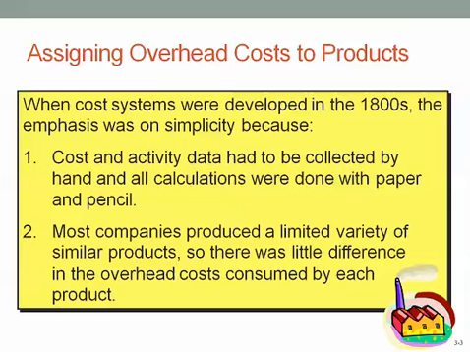But as companies, such as Apple Computer, are now offering a multitude of products that consume different amounts of overhead, allocation of overhead becomes much more important. We've got Apple making iPods, iPhones, MacBooks. We've got their iTunes stores and a variety of different products consuming different amounts of overhead. And so allocating overhead accurately becomes a much more important job for companies.